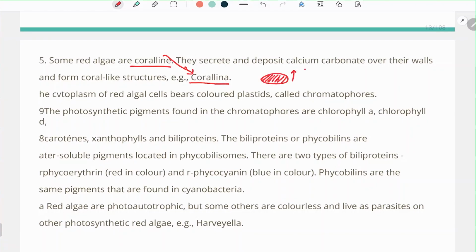It will secrete CaCO3, and this CaCO3 gets deposited on the surface of the algae, and thus it is termed coralline, that is coral-like, because of the presence of calcium carbonate on the surface of the algae.